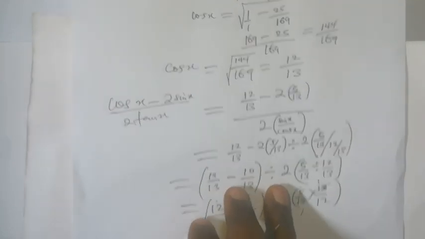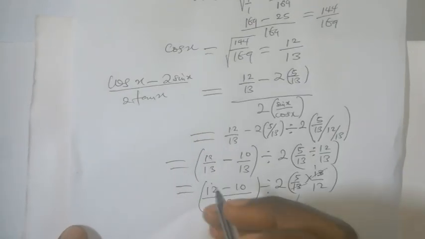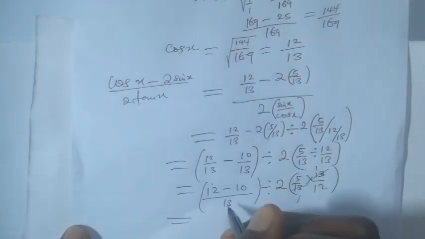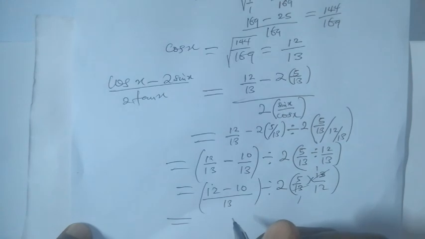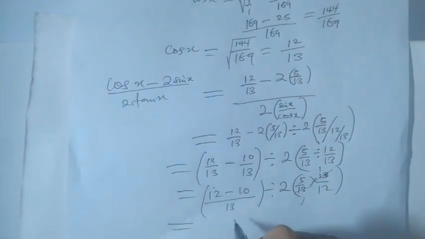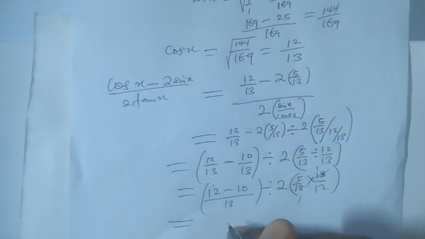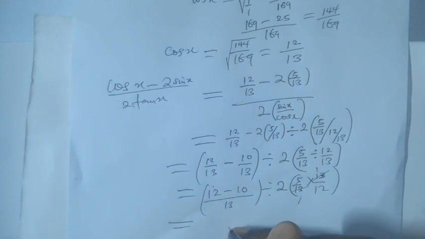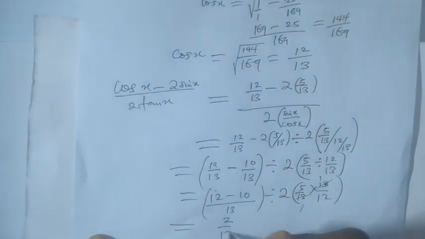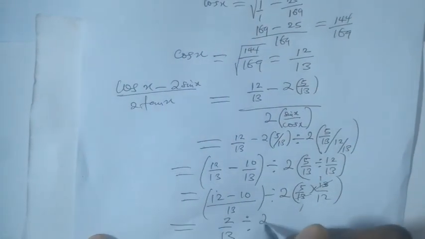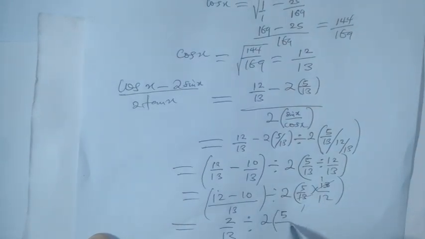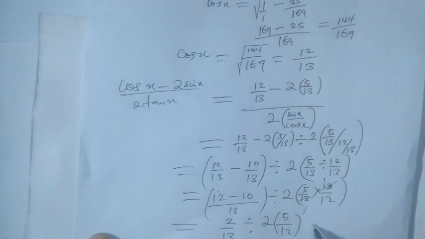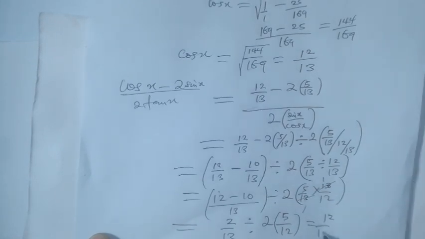So we are now left with 12 minus 10 to give us 2 all over 13, divided by 2 bracket 5 times 1 is 5 all over 1 times 12 is 12. So we now have 12 over 13.